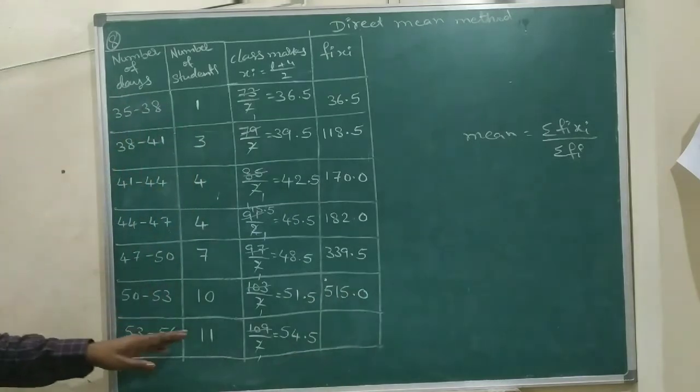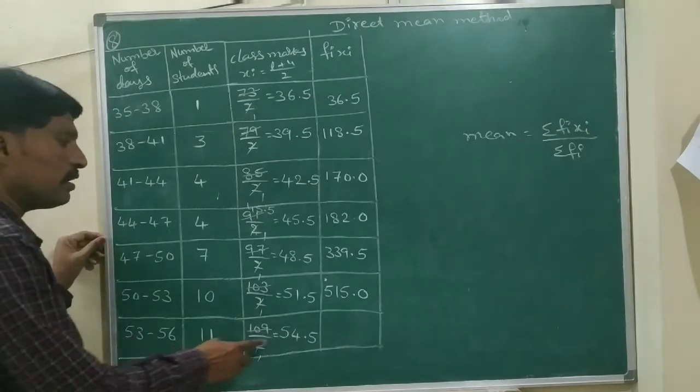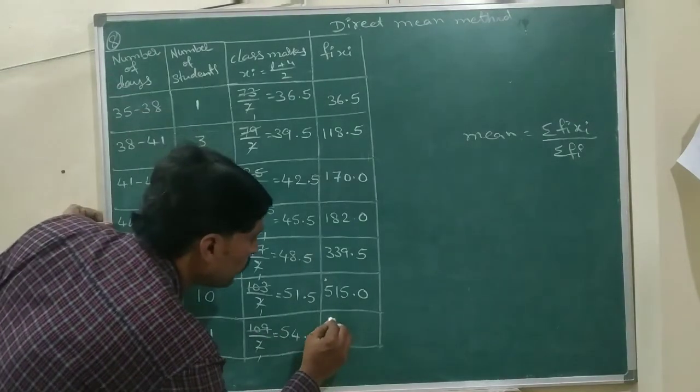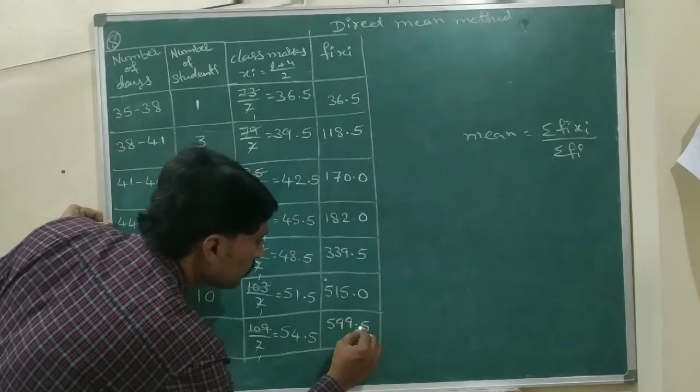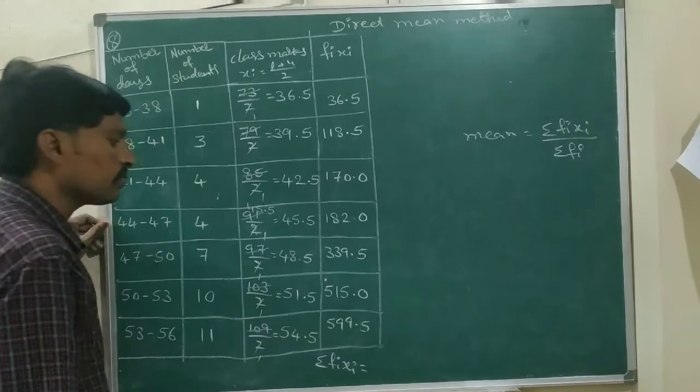Next, the last class frequency is 11, xi is 54.5. So 11 into 54.5 is 599.5. Now we need to find sigma fi xi.